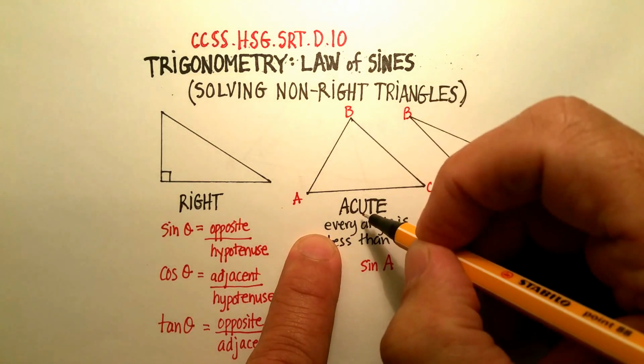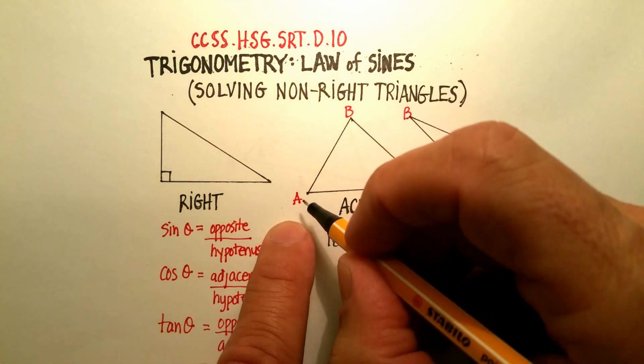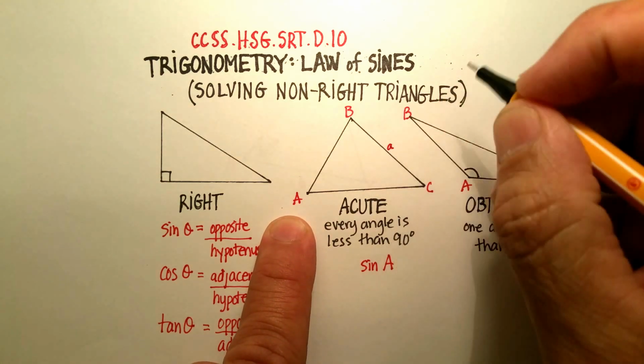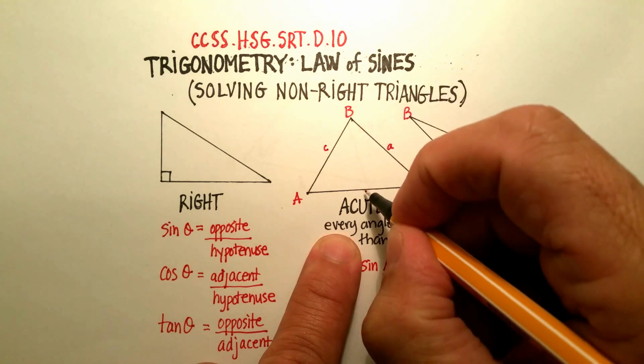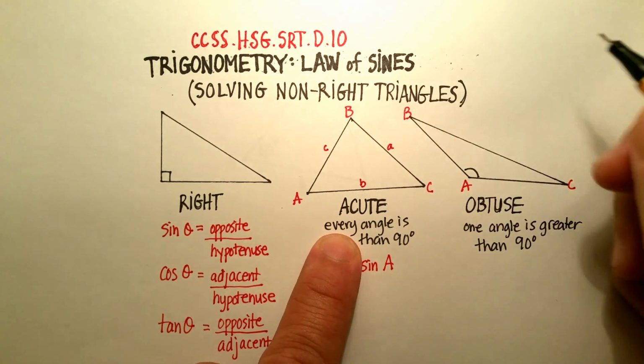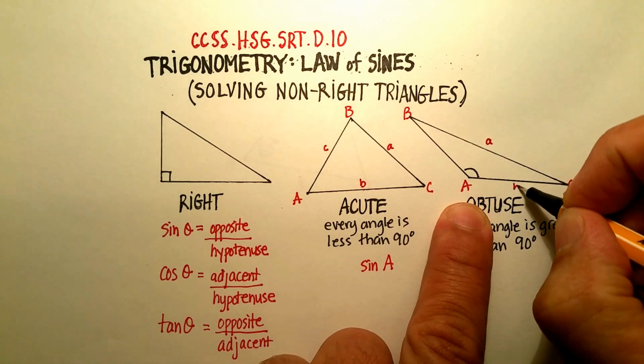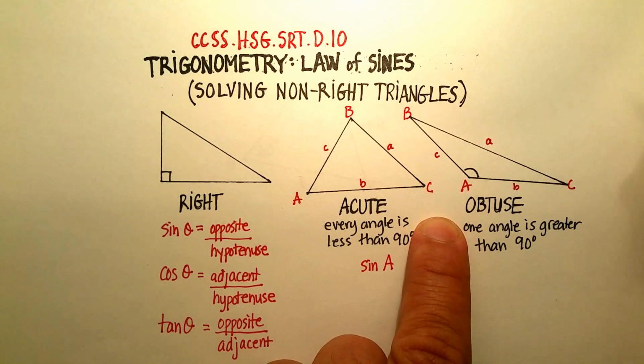And remember, for the opposite side, you're always going to use the smaller letter. So the opposite side of angle A would be small a, this would be small b, and this would be small c.